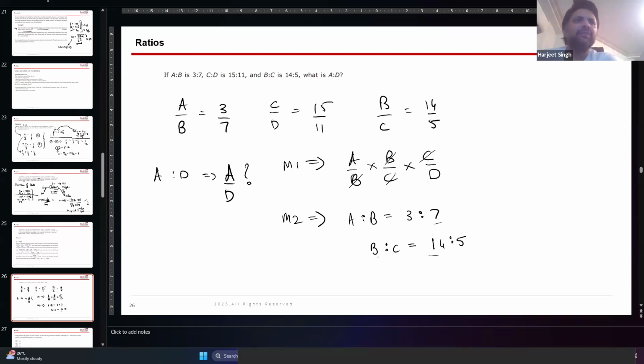Always take the LCM. LCM is 14, so multiply this ratio by 2. So A is to B becomes 6 is to 14. So then you have A is to B is to C as 6 is to 14 is to 5.